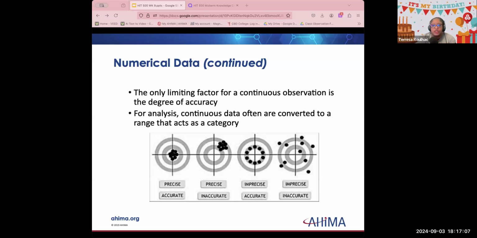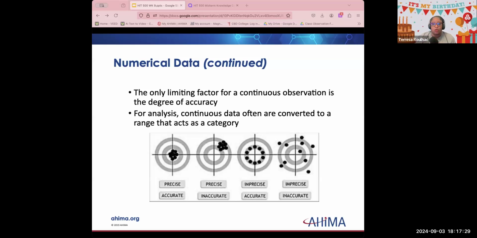Now, because of the precision of measuring tools and potential errors, we know that there's going to be some limitation. If the tool lacks precision or there are external forces at play, the data collected may not be entirely accurate.